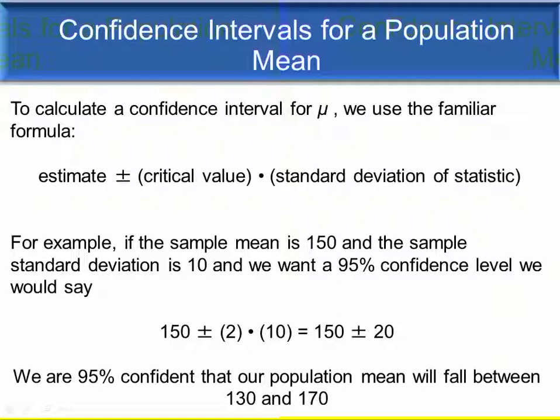So in contextual terms, we would say that we are 95% confident that our population mean will fall between 130 and 170.